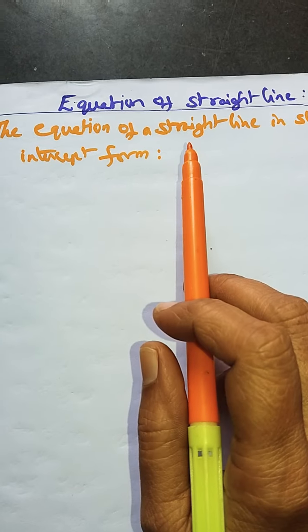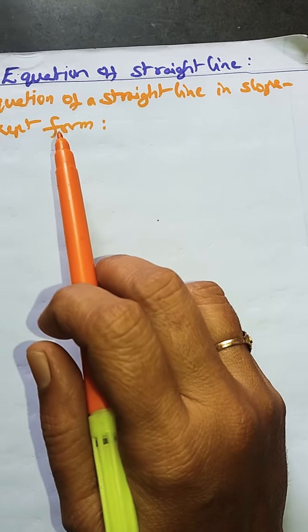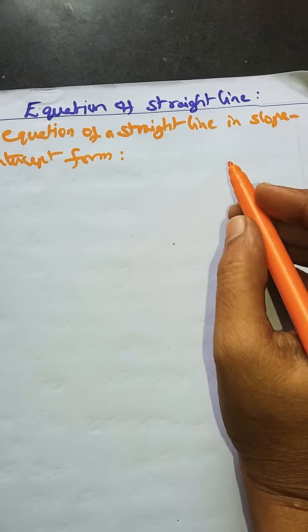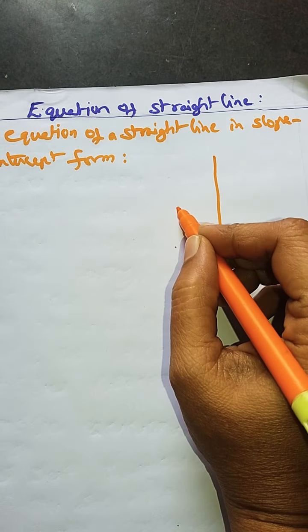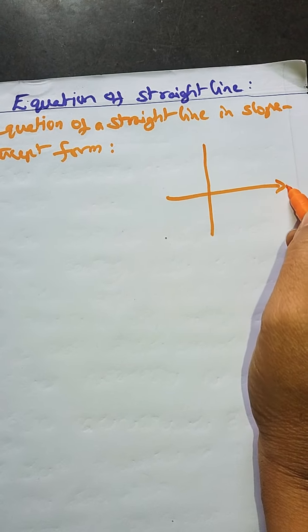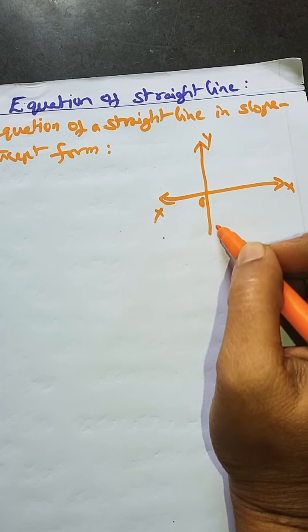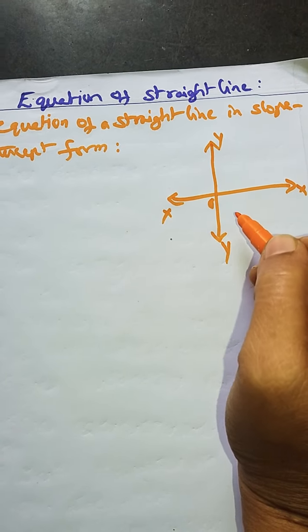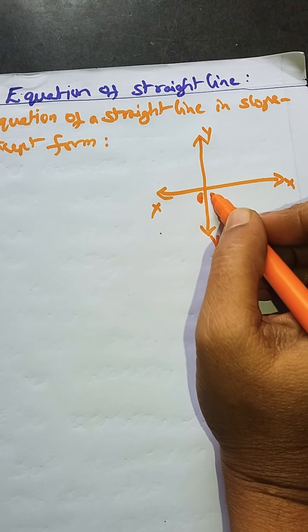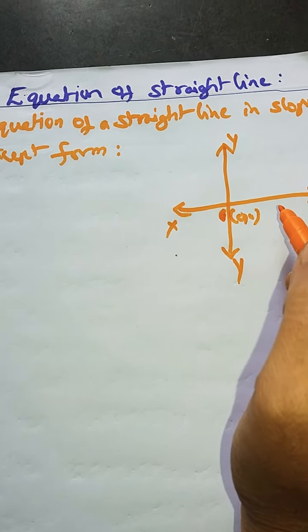The equation of a straight line in slope intercept form. Let us take an equation. It is an x-axis, XOX', YOY', the y-axis, which intersect at the origin O (0, 0).